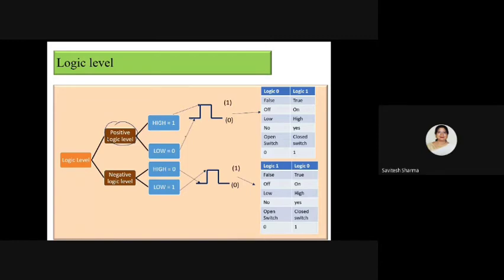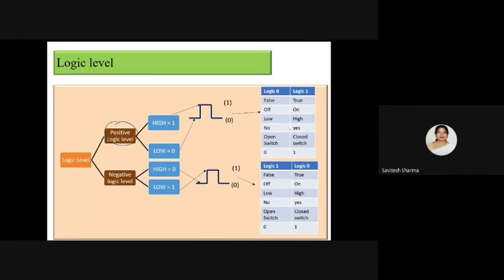If I am assuming that my lowest voltage is low and the highest voltage I am saying it is high, so it is positive logic. But if I am taking the opposite, that this is my low logic and this is my high logic, then it is called negative logic level.